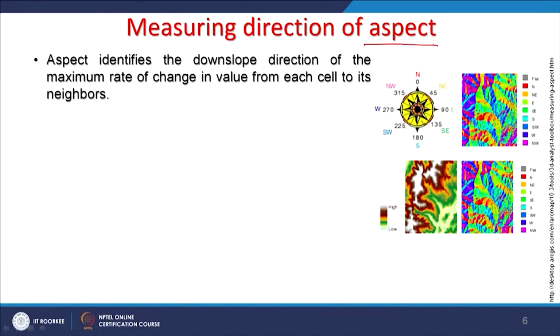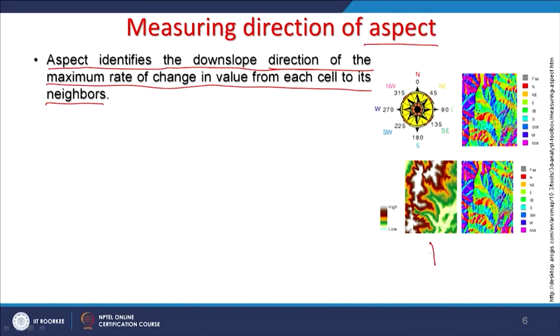So, this aspect, for which you require input as a digital elevation model or DEM, and as you know, aspect basically identifies the downslope direction of the maximum rate of change in value from each cell to its neighbors. So, if it is a sloping surface, then what is the orientation of the sloping surface or direction with reference to north, and that is what aspect is.